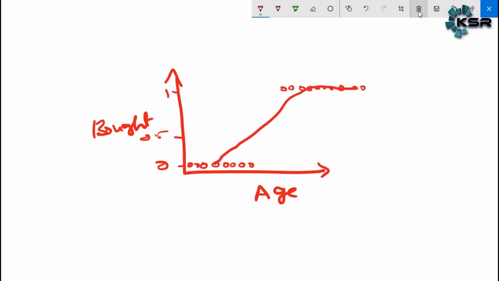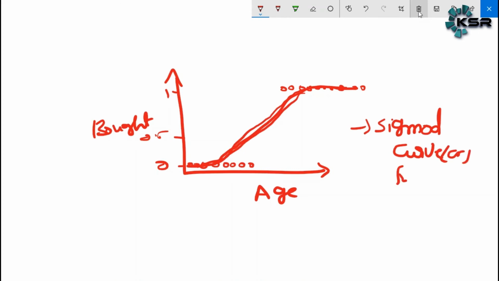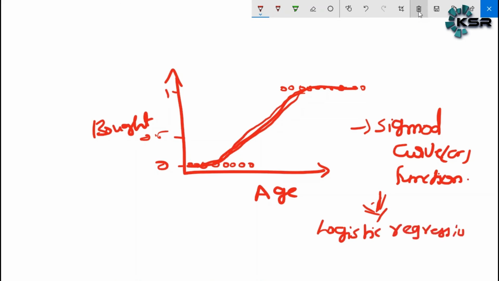If you build it the logistic way, it looks like an S-shaped curve. S-shape means sigmoid function or sigmoid curve. The sigmoid function is what is used in logistic regression, so the logistic formula is what we are going to use. That is the reason. Is it clear? Agree?